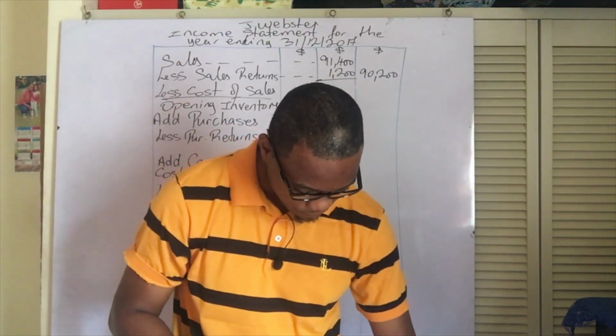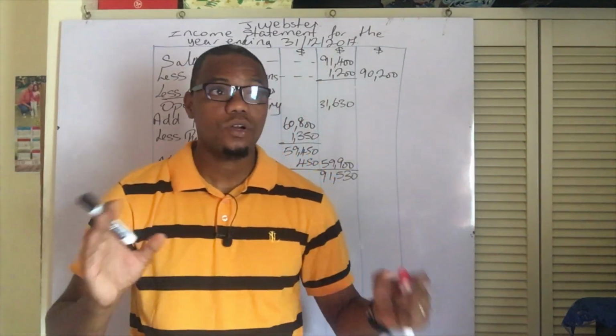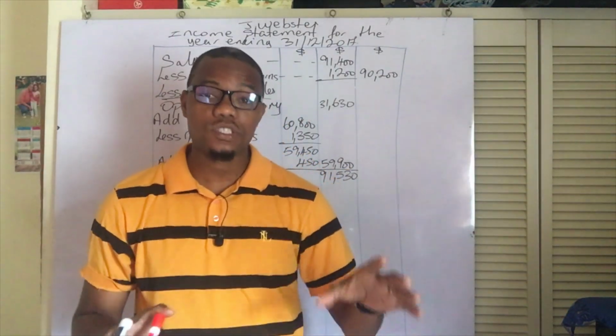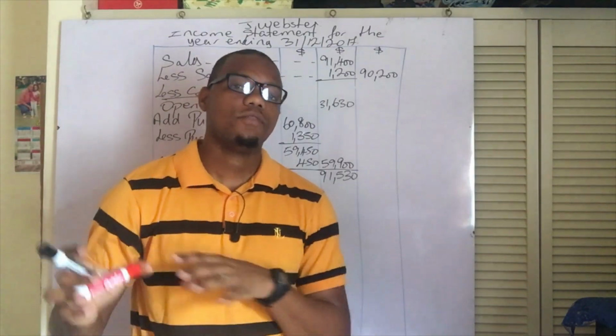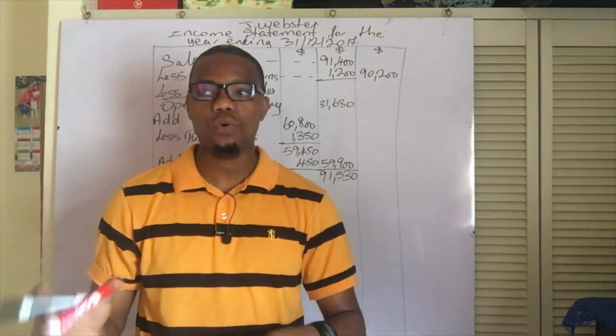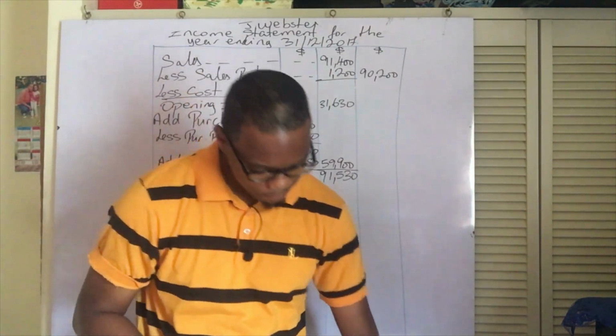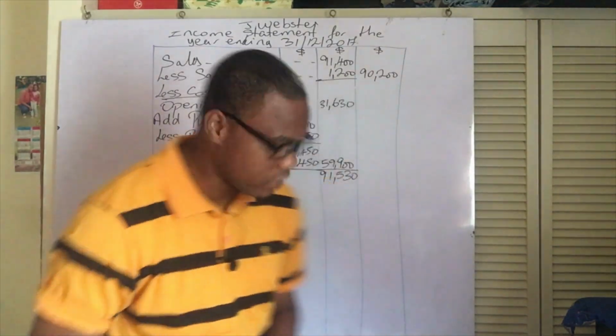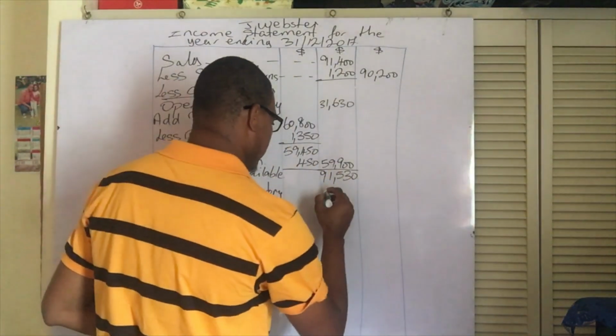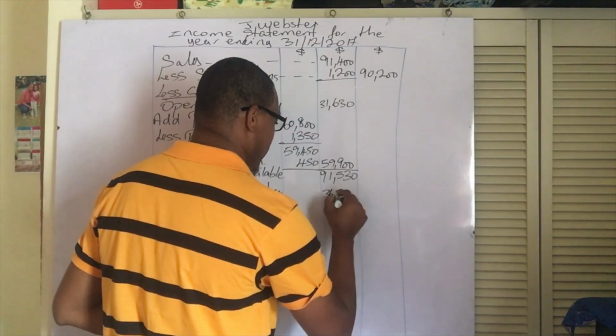I know that persons may be wondering, sometimes when CXC put the closing inventory in the trial balance, sometimes they do that, right? But for the most part, the closing inventory would be located outside of the trial balance. All right, so the closing inventory is what? 36,530.